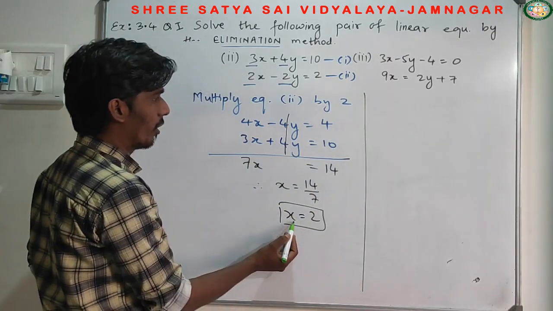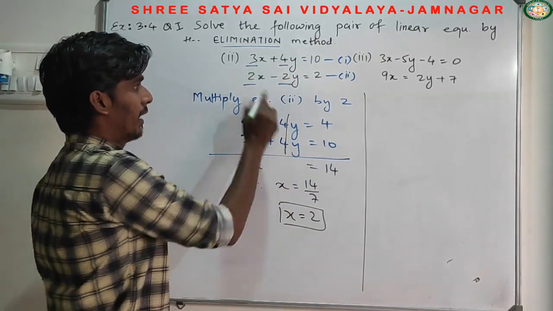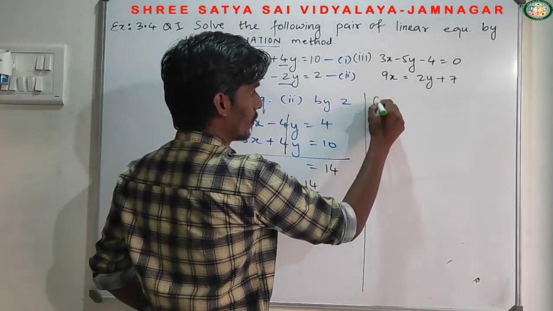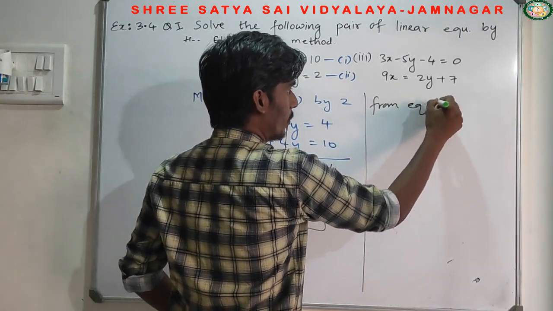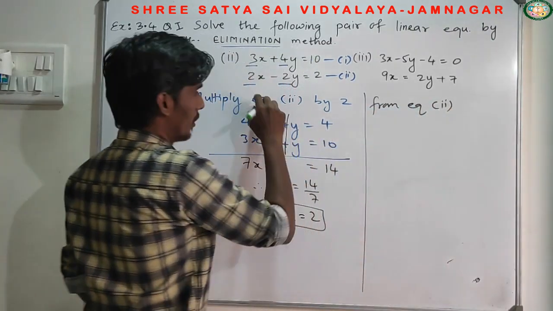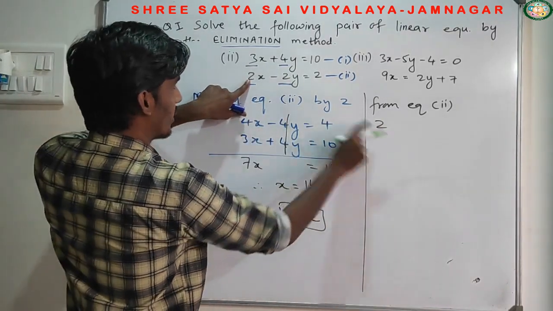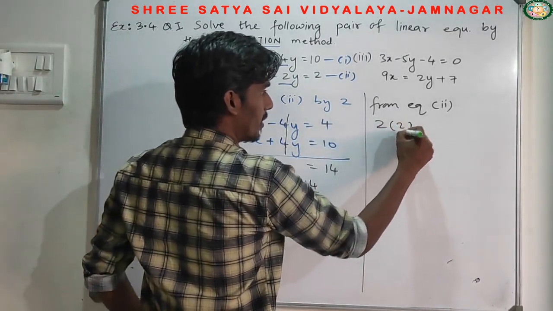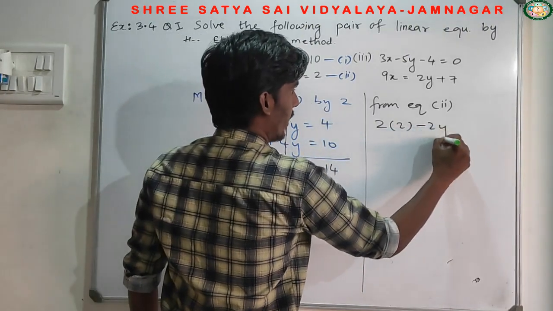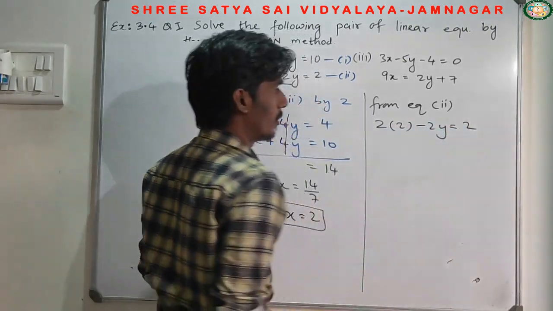Now replace this value of x in any of the equations. Let's replace in the second equation. From equation 2, 2x. Now instead of x, I am going to write this 2. So it's 2 times 2 minus 2y equals 2.